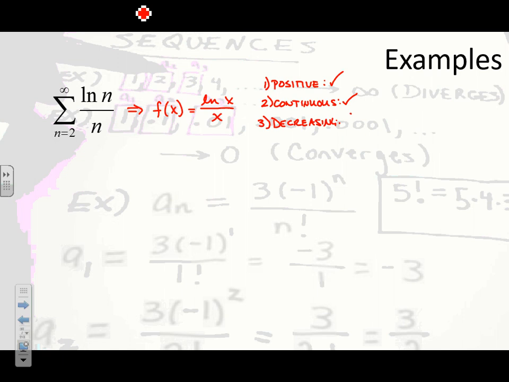So if I find the derivative, f prime, of natural log of x over x, using our quotient rule, we take the bottom times the derivative of the top, x times 1 over x gives us 1, minus the top times the derivative of the bottom, so natural log of x times 1, over the bottom squared.